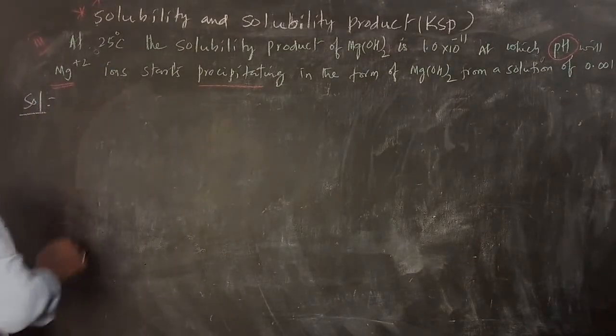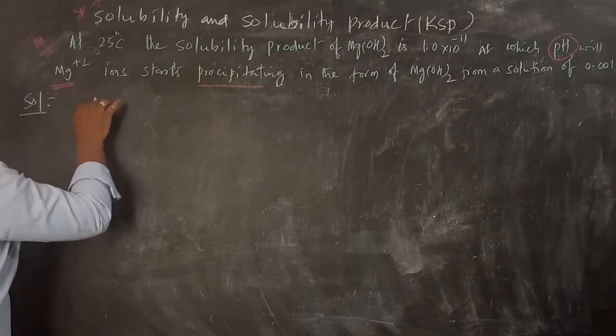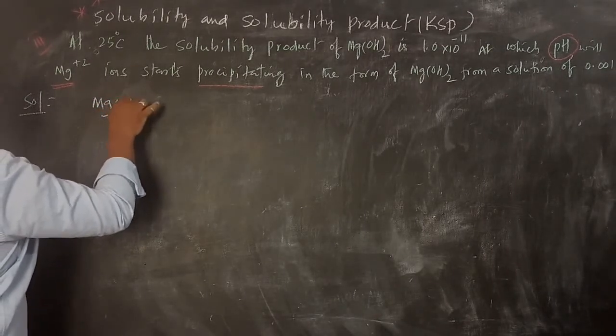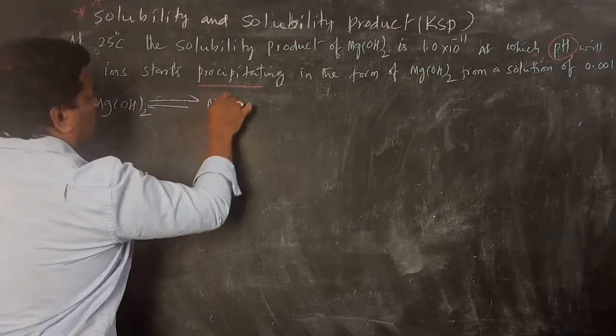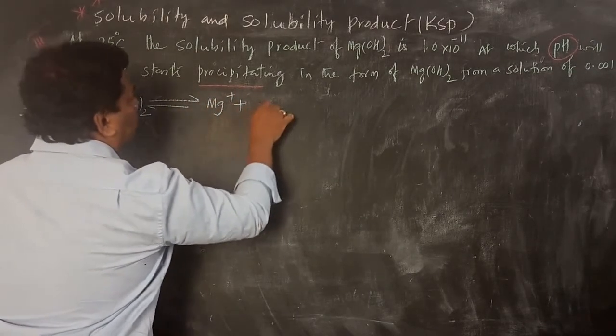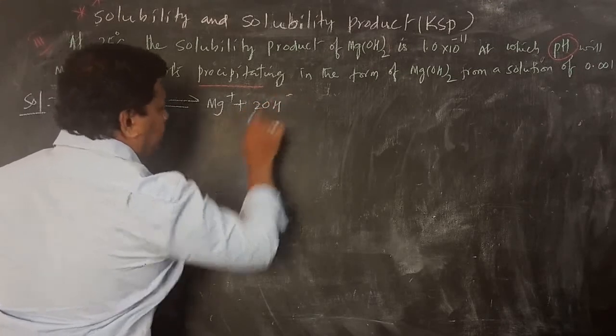So first, magnesium hydroxide is in equilibrium with Mg plus 2 plus 2 OH minus.